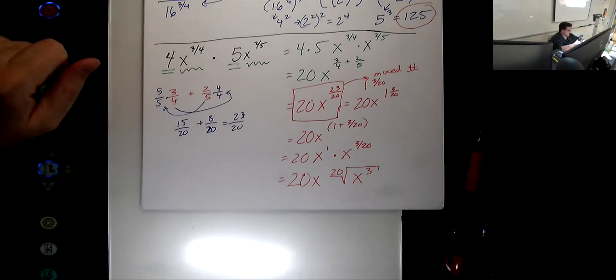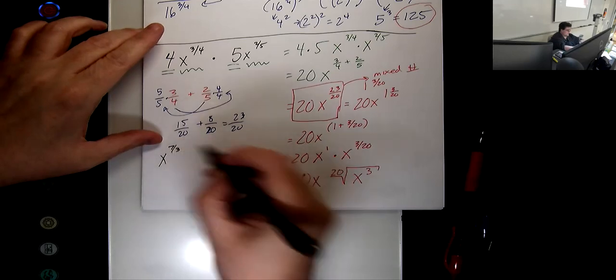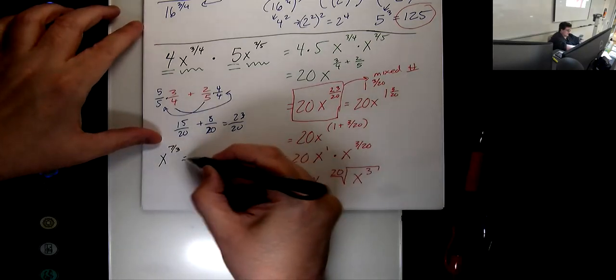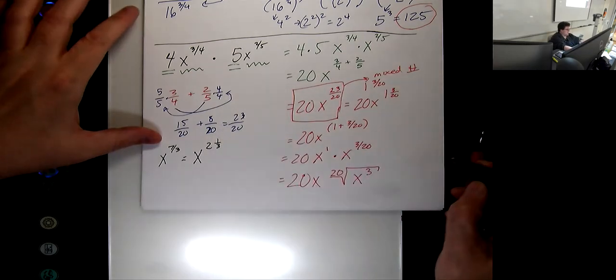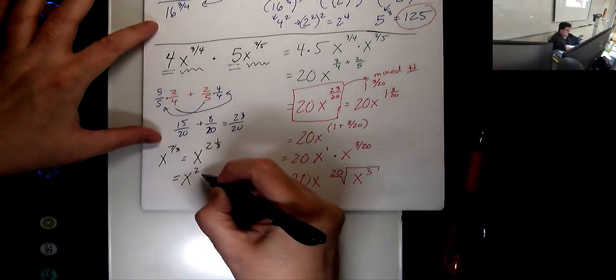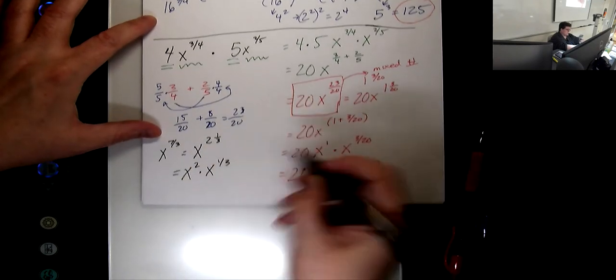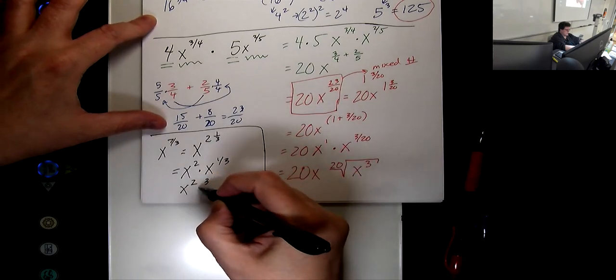We could have done that earlier when we did x to the 7/3 and I showed you writing it out as x cubed and x cubed. I can write this as x to the 2 and 1/3, which is x squared times x to the 1/3. So x squared cube root of x.